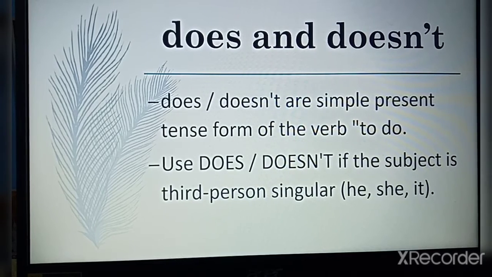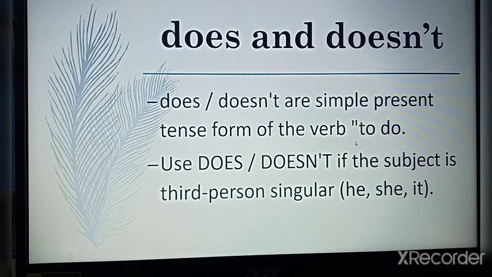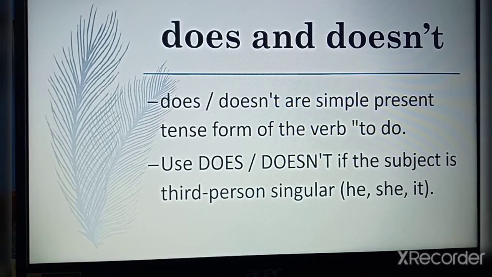Now let's have our main topic, which is how to use does and doesn't. Does or doesn't are simple present tense forms of the verb to do. So we have verb to be, and we also have verb to do. When are you going to use does or doesn't? If the statement is positive, we're going to use does. If the statement is negative, we're going to use doesn't.